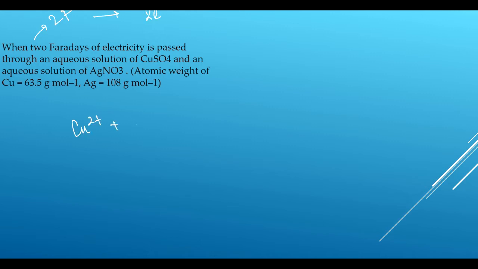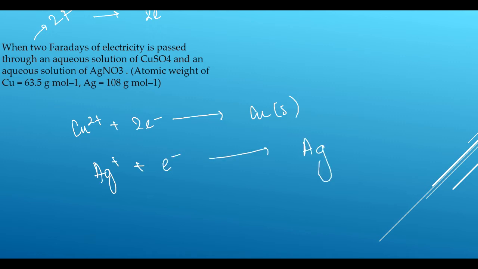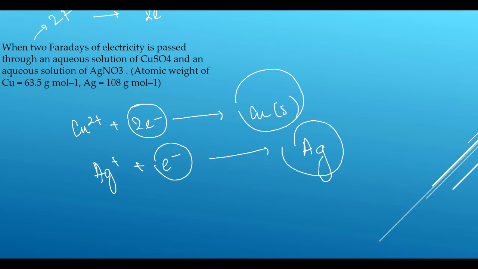Copper 2 plus accepts 2 electrons and is converted into solid copper. Ag plus accepts 1 electron and is converted into silver. So 2 electrons are needed to deposit 1 mole of copper, and 1 electron is needed to deposit 1 mole of silver. With 2 electrons, 2 moles of silver are deposited, while 1 mole of copper is deposited.